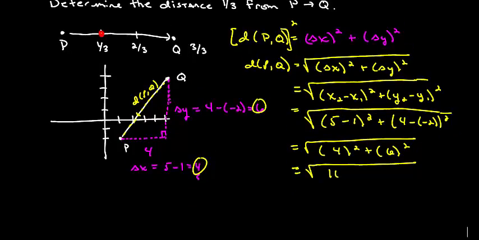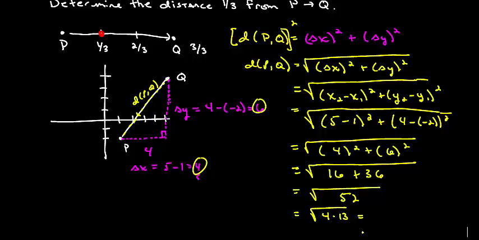So that's going to give me 16 plus 36, which is the square root of 52, it looks like. Okay, and if we take 52, we can divide it by 4. So that's the square root of 4 times 13, which is the square root of 4 times the square root of 13, which is 2 square roots 13.